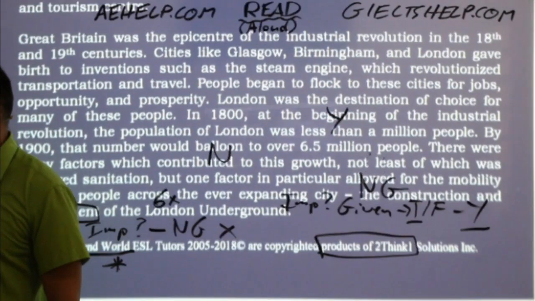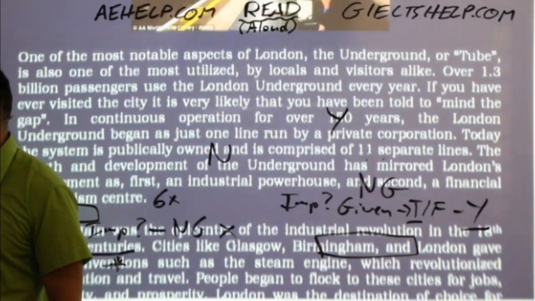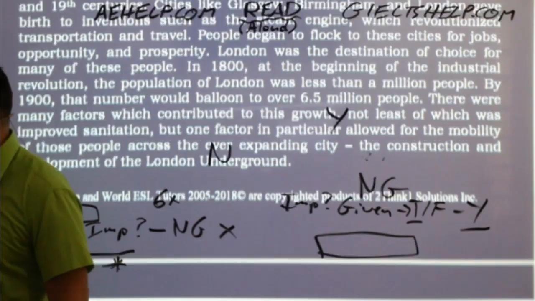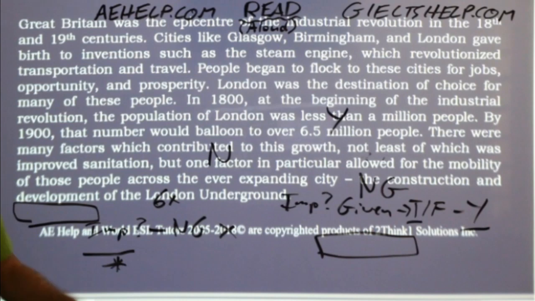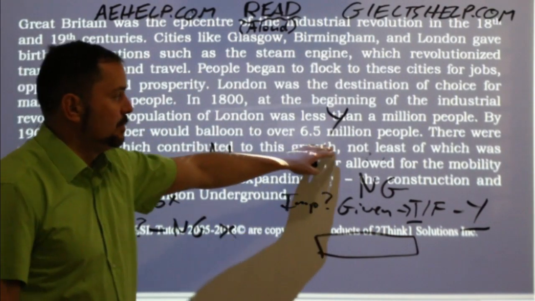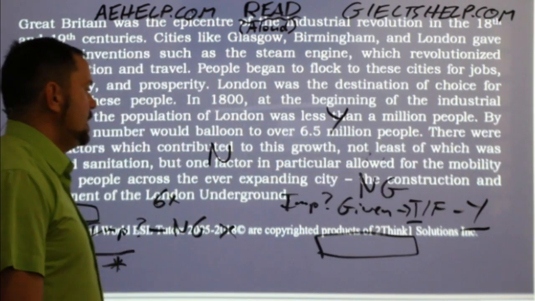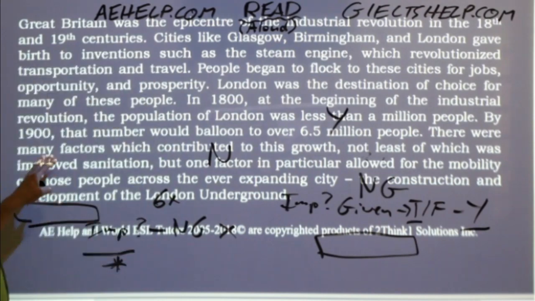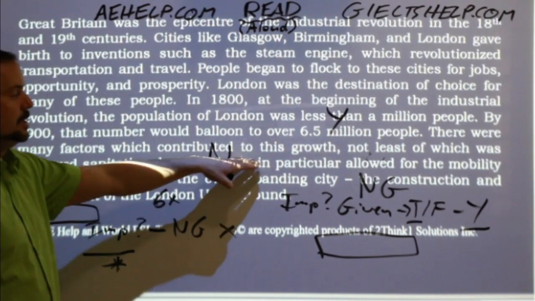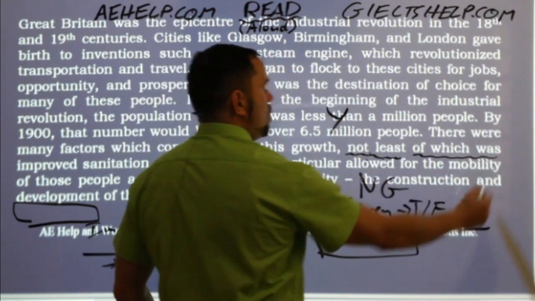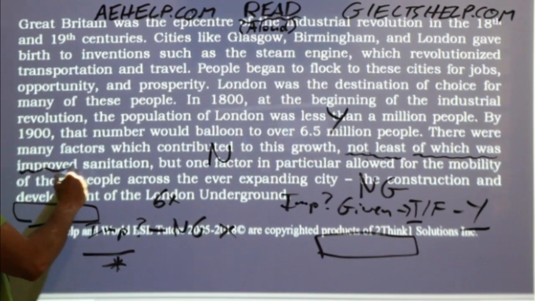And read that part of the passage. I remember it was about the Industrial Revolution and the growth of London. There's that 6.5 million people. And then here it says there were many factors which contributed to this growth, not least of which was improved sanitation.